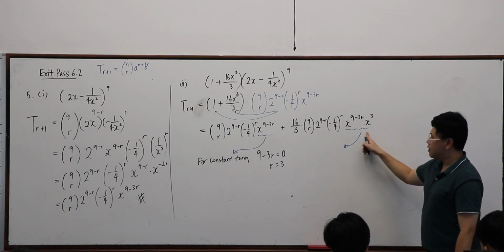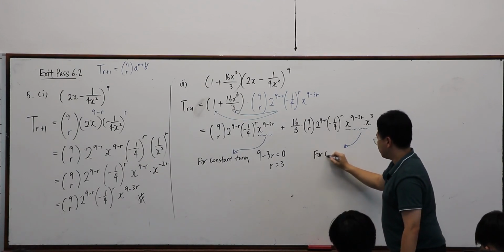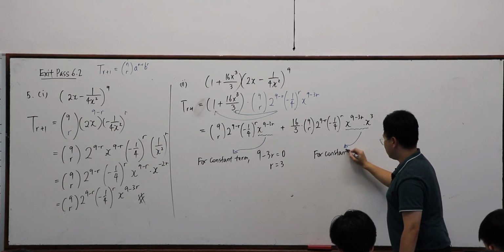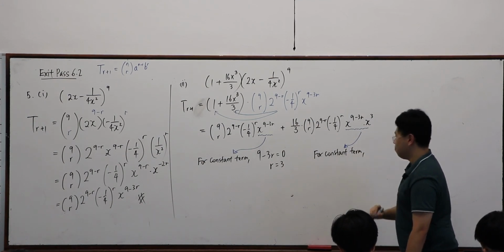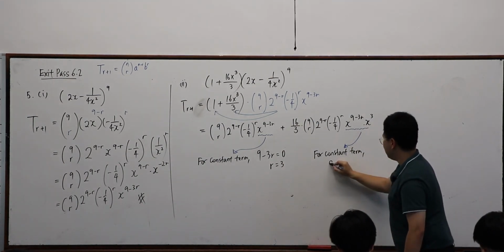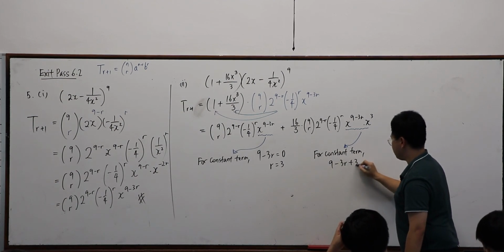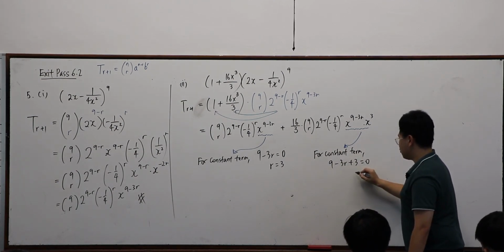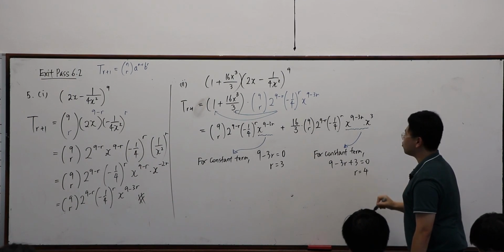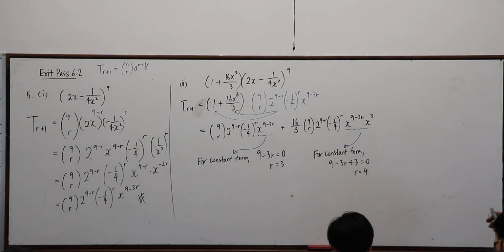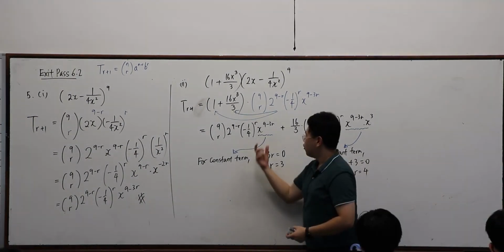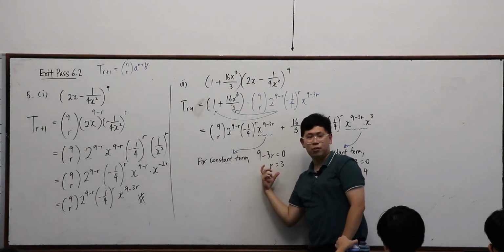Then for this second term, for a constant term, 9 minus 3r plus 3 is equal to 0. So r is going to be equal to 4. So for this thing to be a constant term, r is equal to 3.